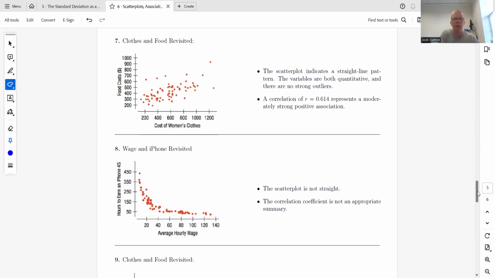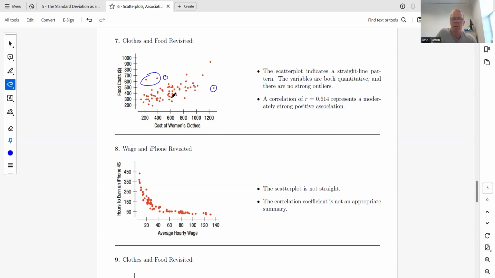All right, so number 7. This is the same scatter plot we saw earlier, and let's talk about this with correlation. The scatter plot indicates a straight line pattern. Variables are quantitative, no strong outliers. We did say maybe these, maybe that one, might be considered outliers, but they're not strong outliers.